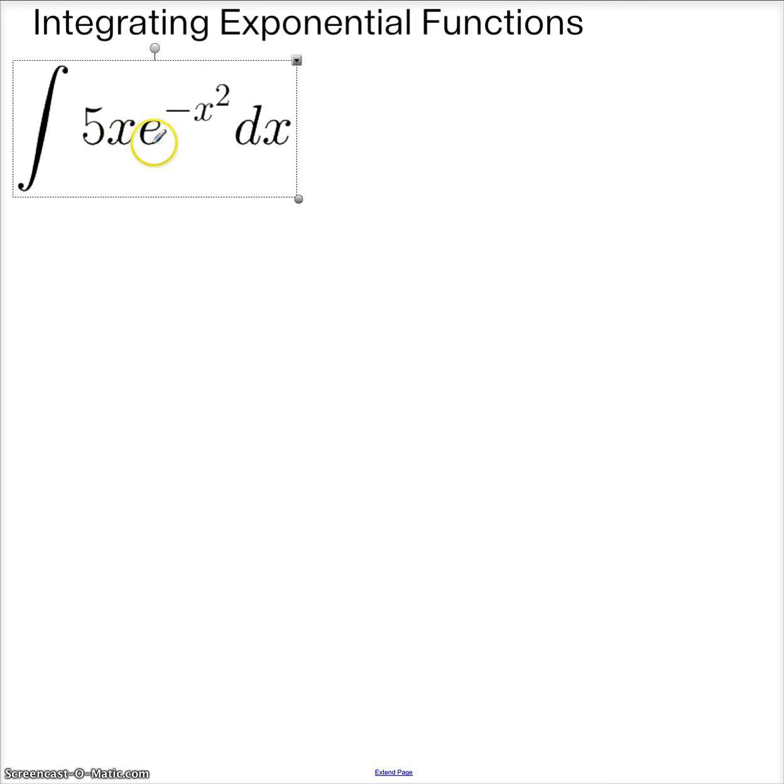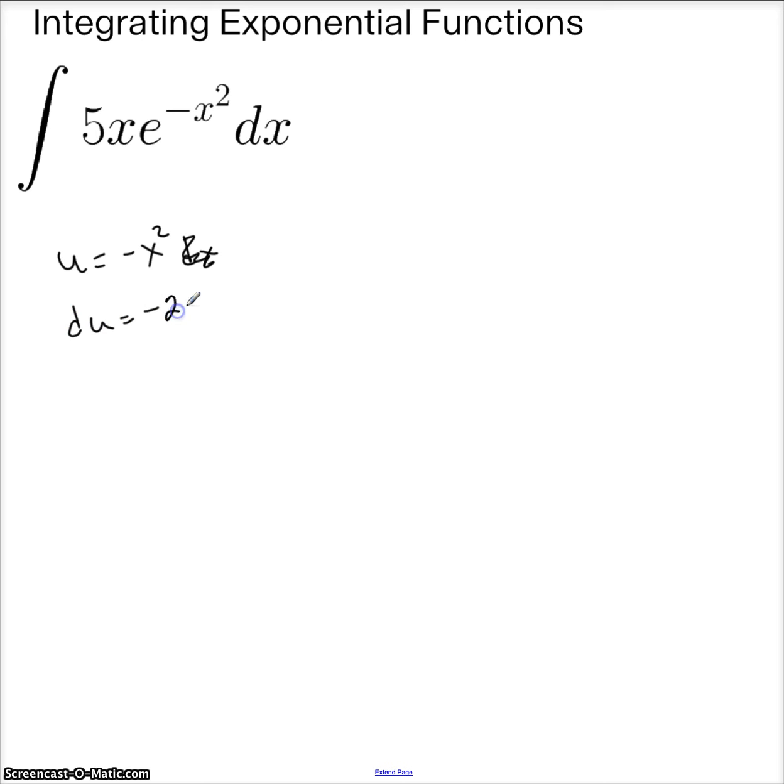What do we have? The integral of 5x e to the minus x squared dx. You've got it. Let's let u equal whatever my argument of e is. That's usually a good place to start. So u equals minus x squared. Then du is minus 2x dx. So I need a minus 2 here and a minus 2 here. So let me rewrite this as minus 5/2 the integral of e to the minus x squared times negative 2x dx.